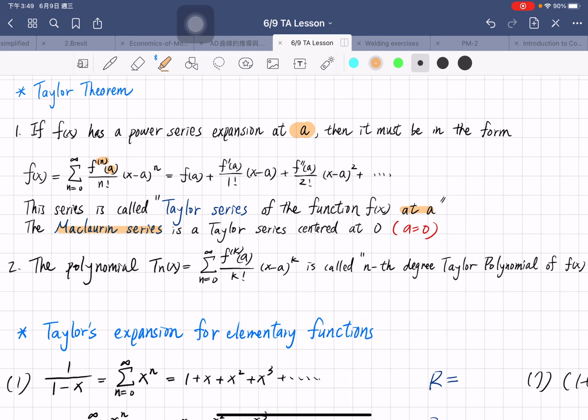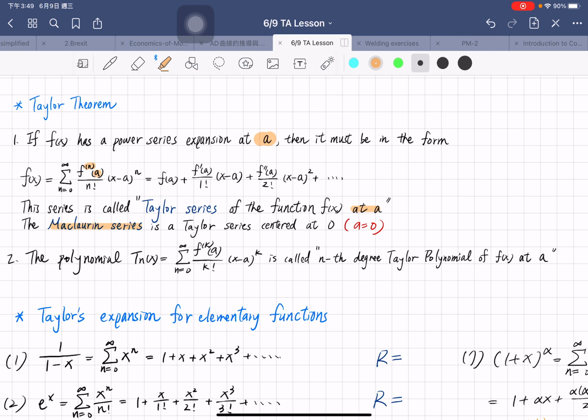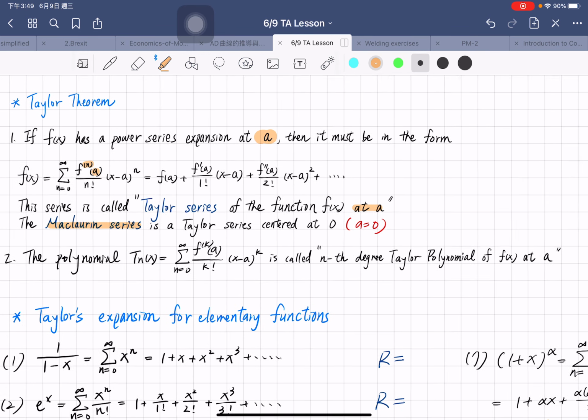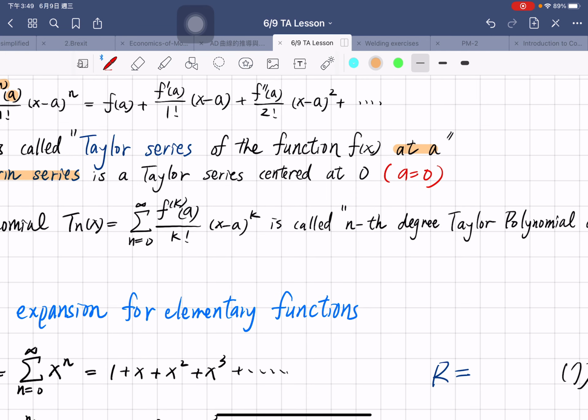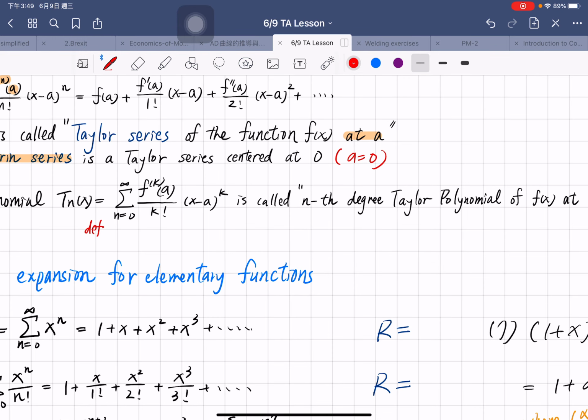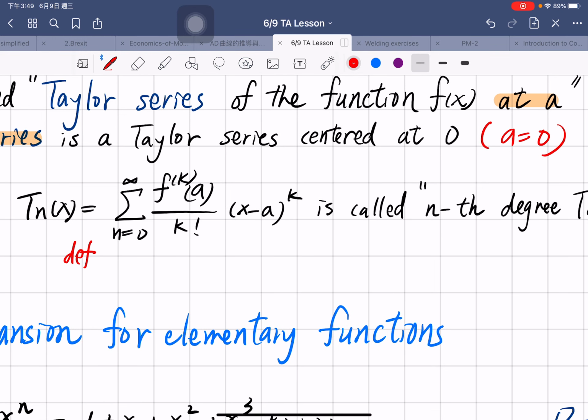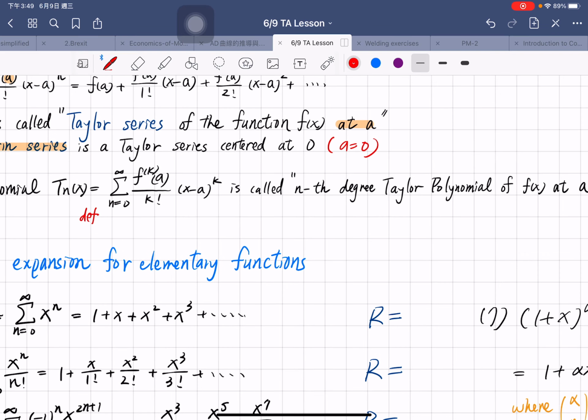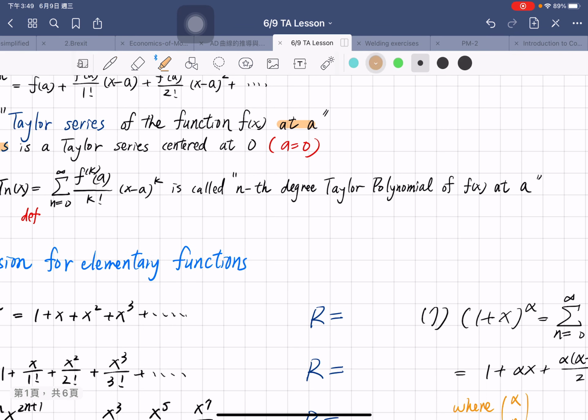The second point is our polynomial Tn, which is kind of the definition. When we expand it, it turns into the sum over k from 0 to n of f's k-th derivative, plugging a inside, divided by k factorial, times x minus a to the k power, and this will be the nth degree Taylor polynomial of f of x at a.